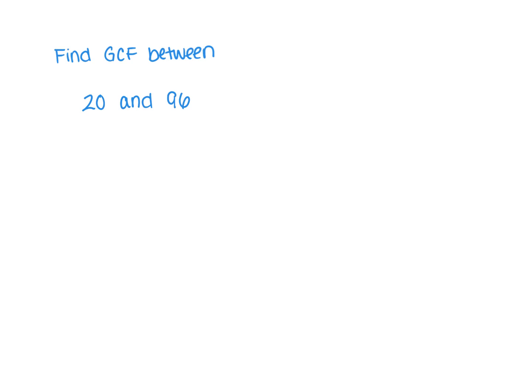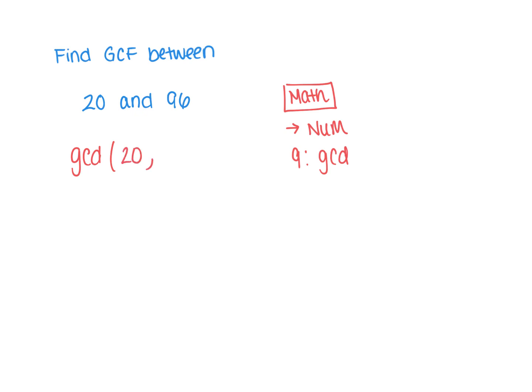So what we would do is hit the math button and scroll over to number and hit choice 9, which should say GCD. So follow those steps with your calculator and let's plug in 20 and 96. So you would type in GCD, then you would type in 20 with a comma. The comma is above the 7, and then 96, and hit enter. Now, if you try that, you should get 4.